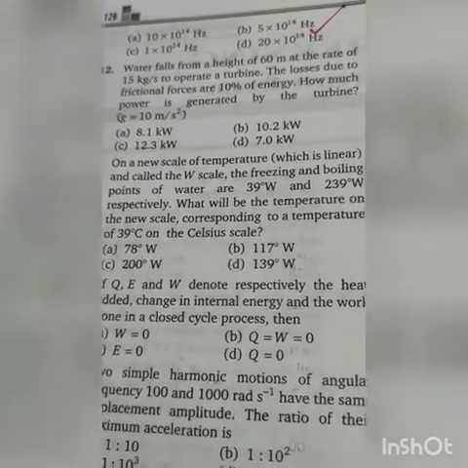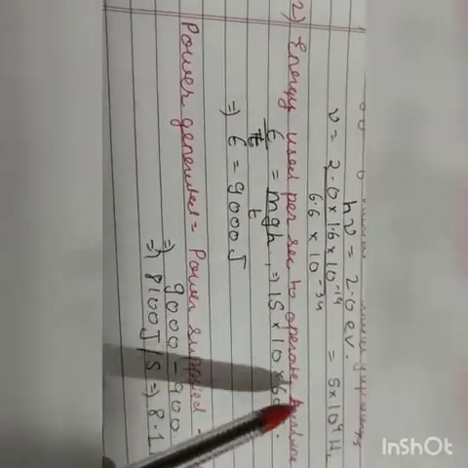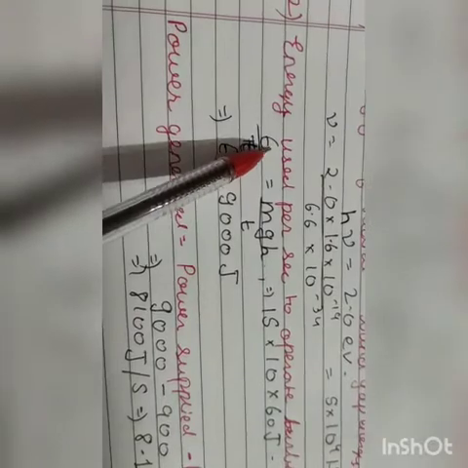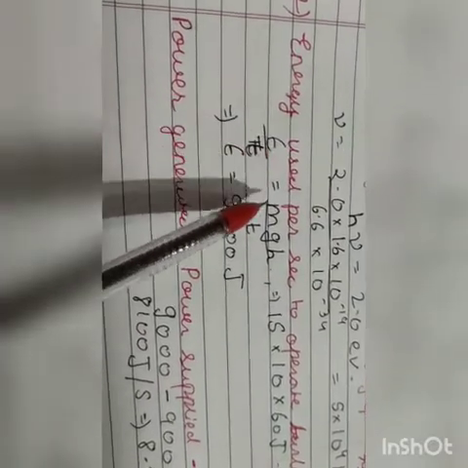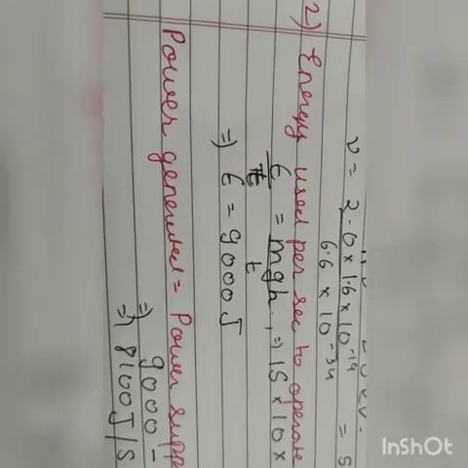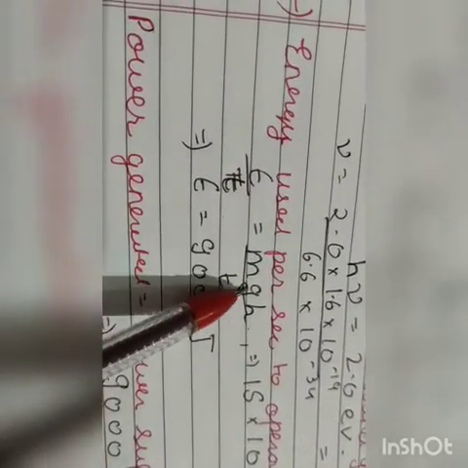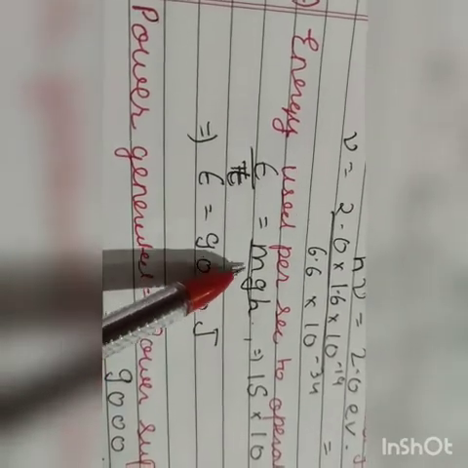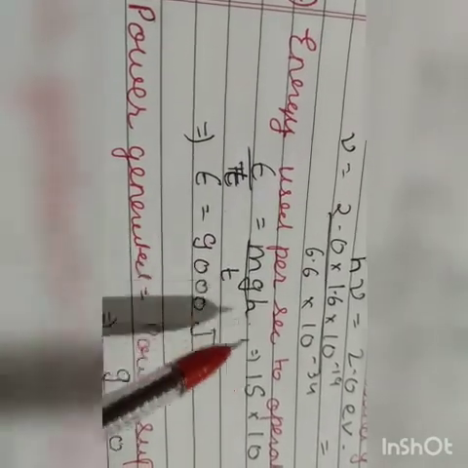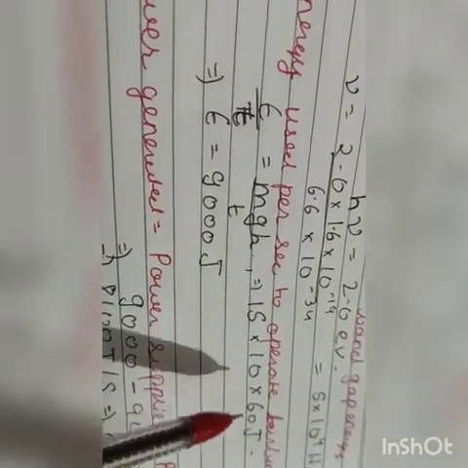So the energy used per second to operate the turbine, E by T, is equal to mgh by T. So here it is 15 into 10 into 60 joule.